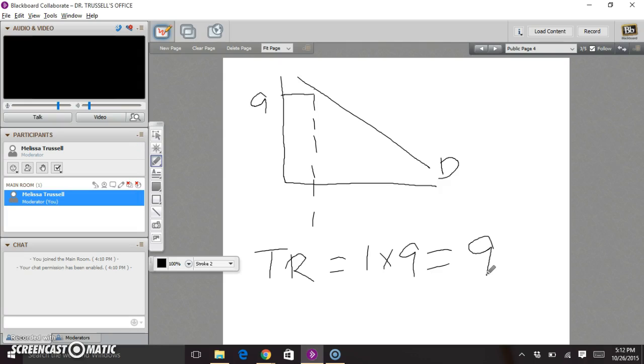What's the marginal revenue then for that one piece of cake? The marginal revenue is again $9. Why? Because marginal revenue is the additional amount you make from selling that one more product. And if you had sold 0, you would have made 0.